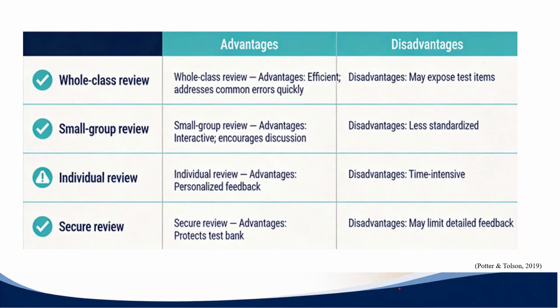Individual review, the advantage is personalized feedback. The disadvantage is it's time intensive and might not be practical if you have a large class. Secure review, the advantage is it protects the test bank so the test can be used again. The disadvantage is it may limit detailed feedback.